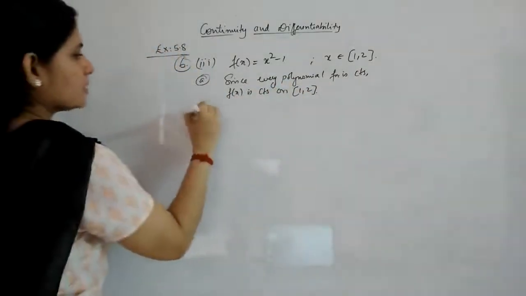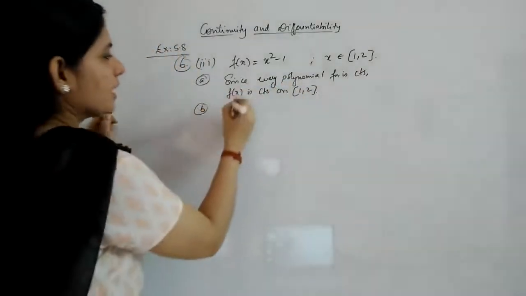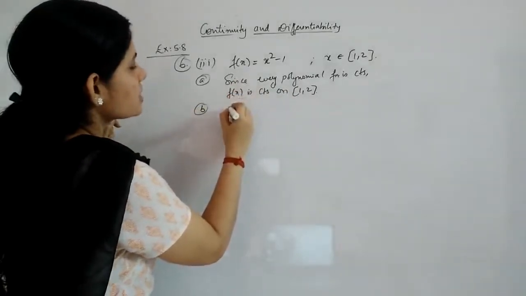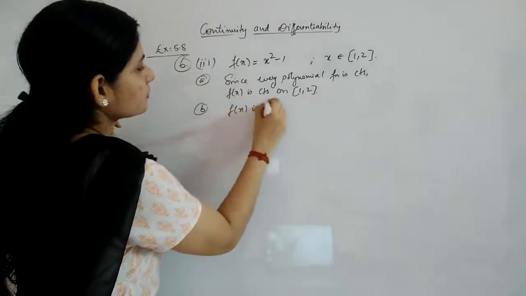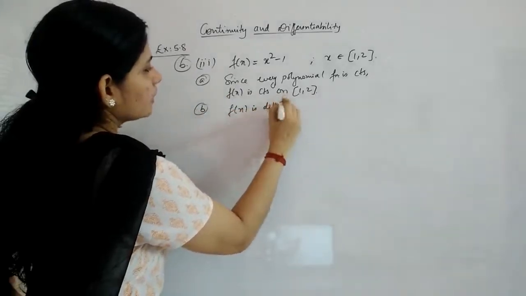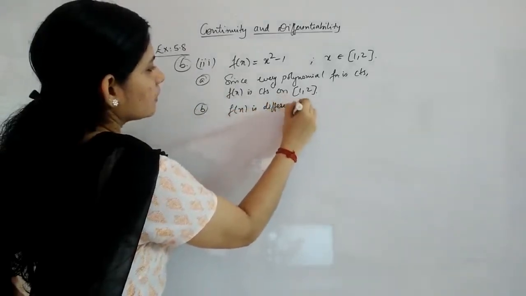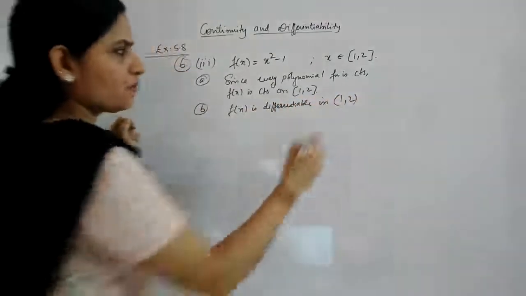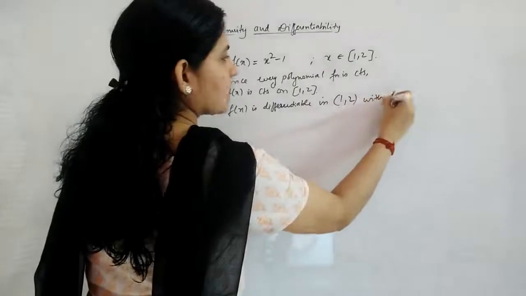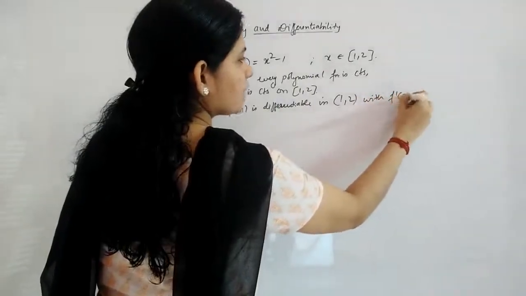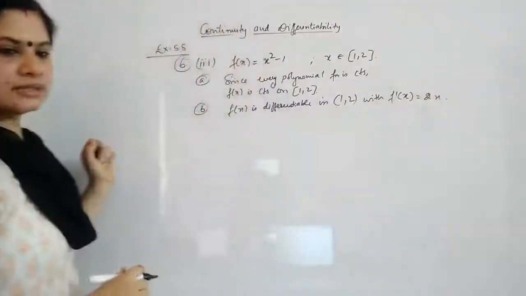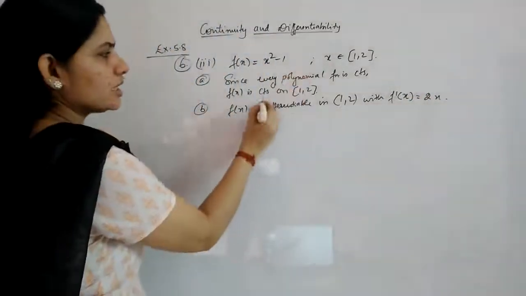For the second one, again it is differentiable, right? So the function is differentiable in the open interval 1 comma 2 with its derivative f dash of x as 2x. So you have two conditions to be satisfied.